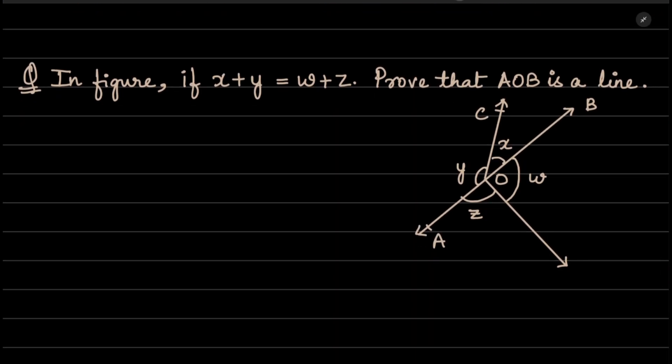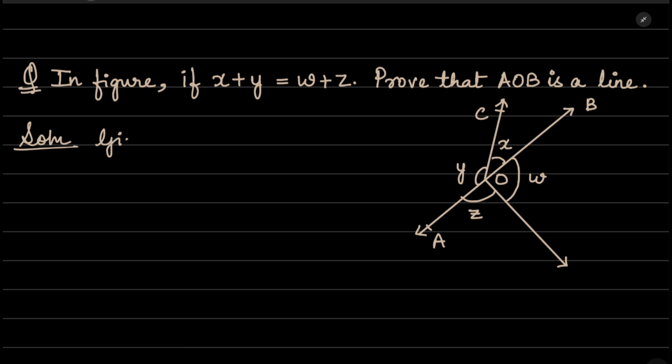In the next question, you are given a figure, and it says if x plus y equals w plus z, prove that AOB is a line. Let us properly write what is given in the solution.